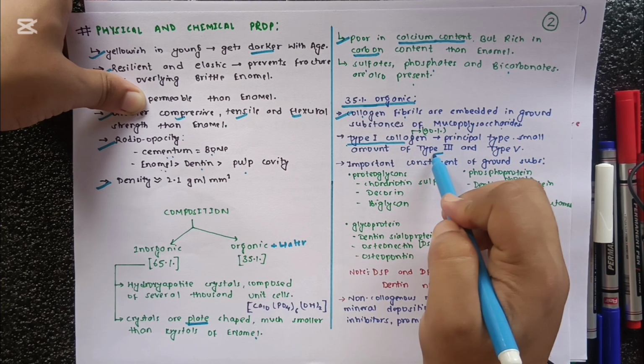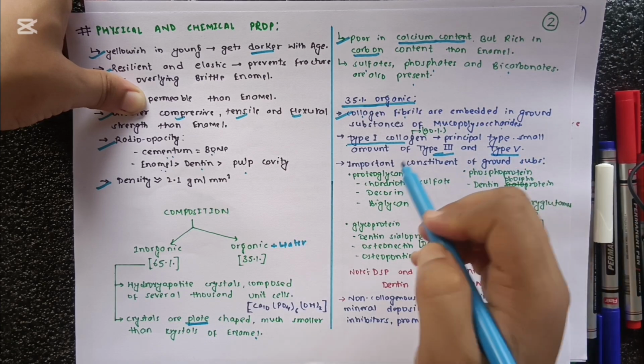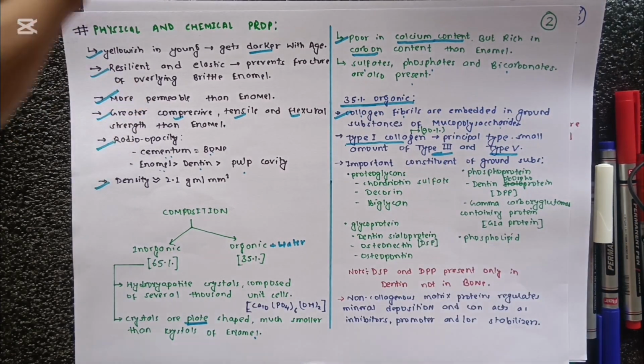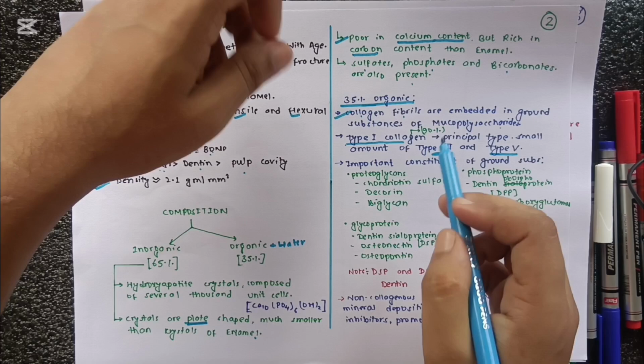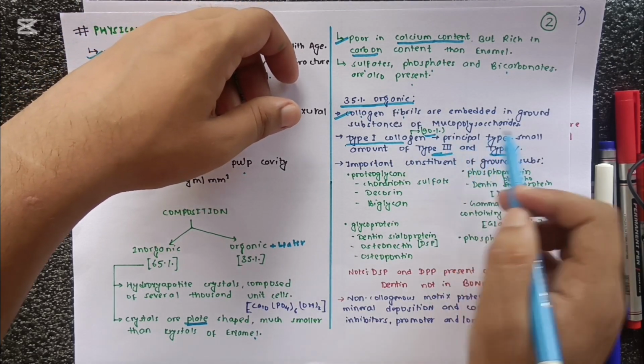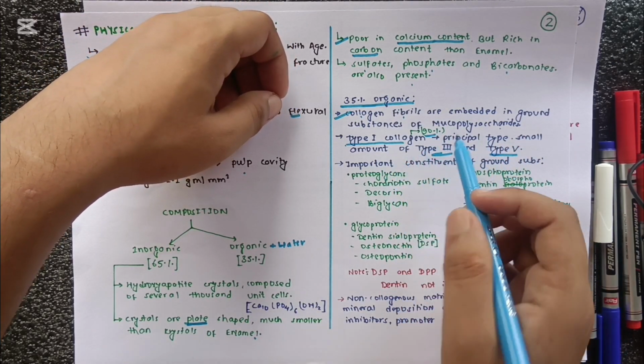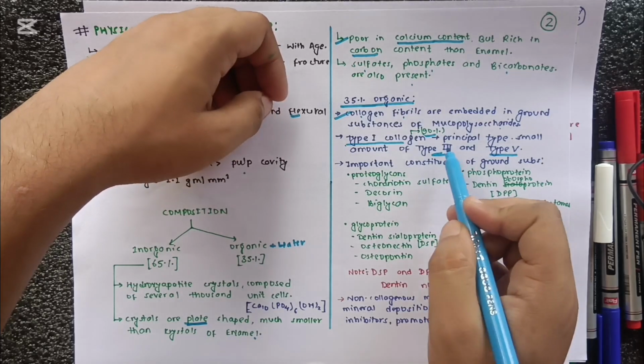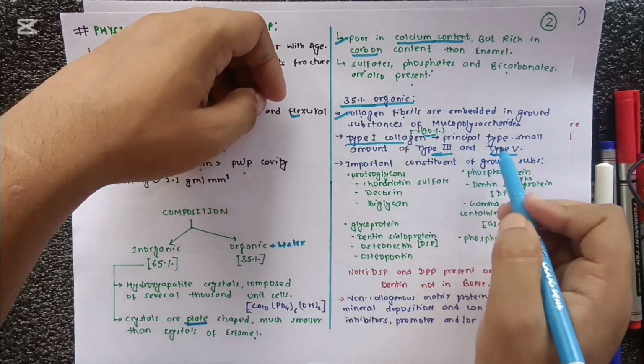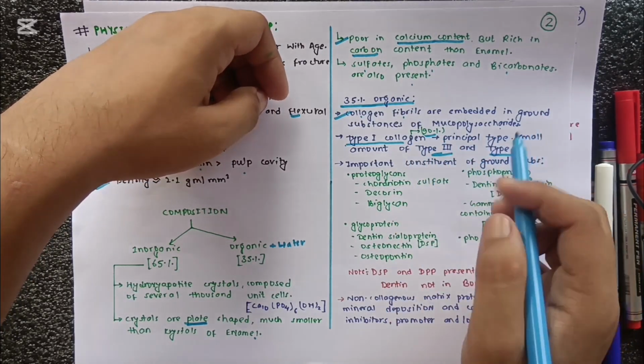Also a small amount of type 3 and type 5 collagen are present there. Just remember type 1 collagen is 90% and is the principal type of collagen present in the dentin, but type 3 and type 5 collagen are also present in the dentin itself.